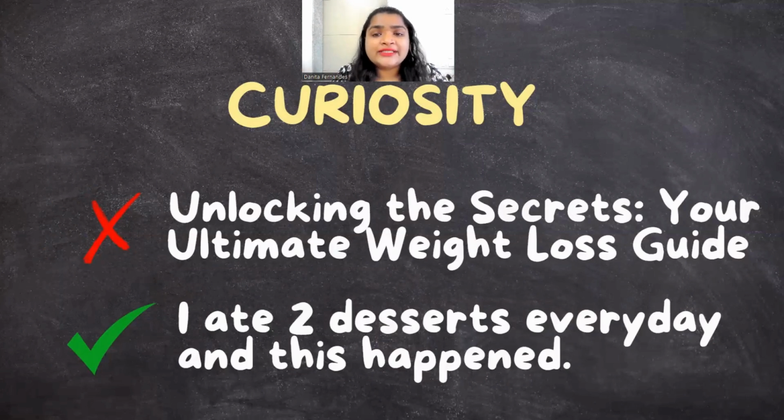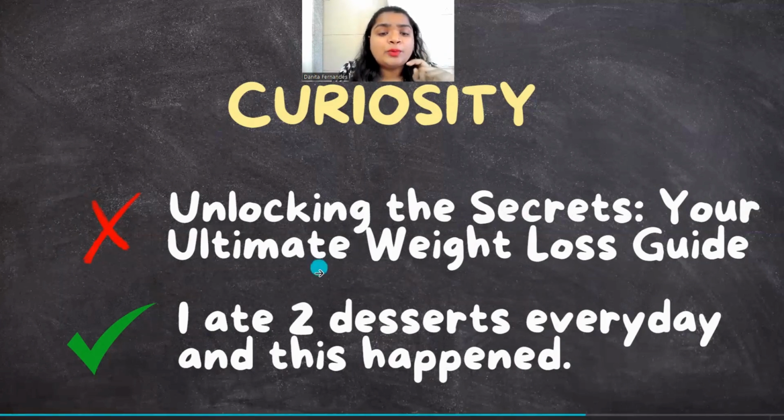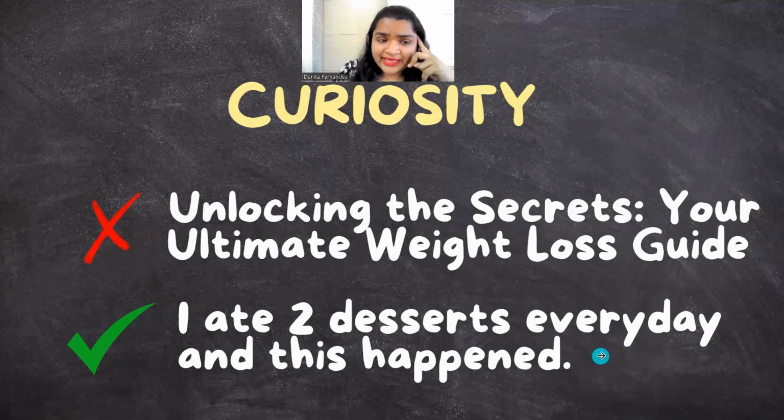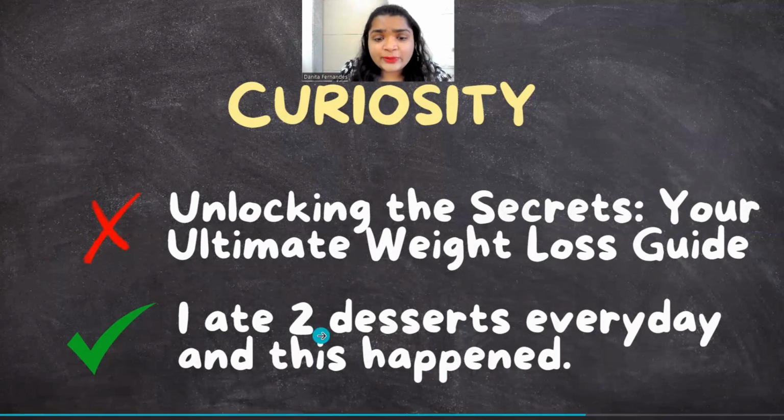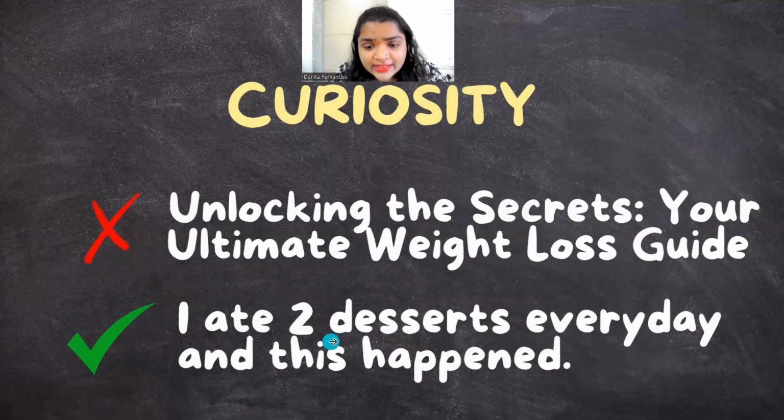You add curiosity when you create an open loop. How did we create an open loop here? We didn't say what happened. Did we say you lost weight? So my basic assumption is if you eat 2 desserts every day, you're going to gain extra pounds, right?